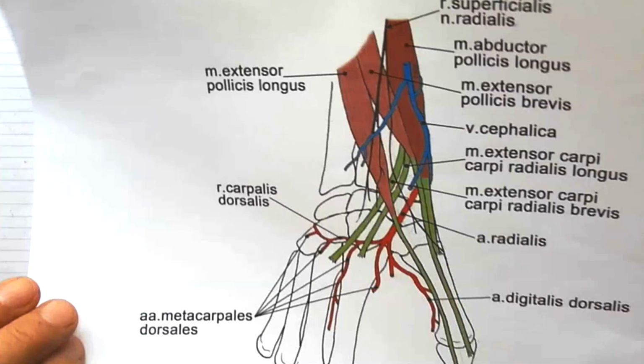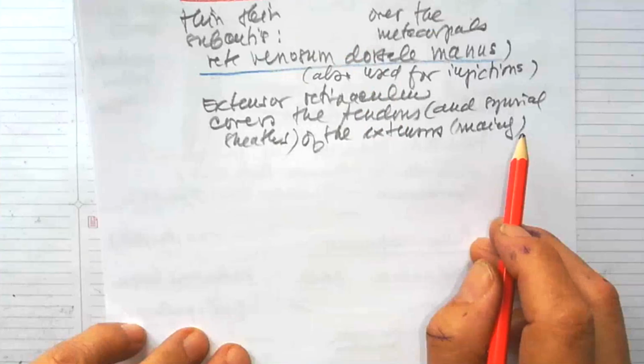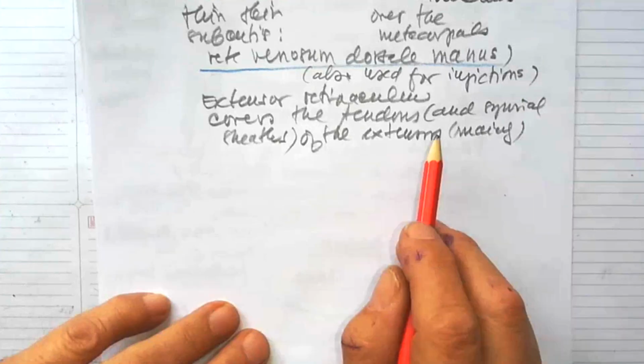They are not only extensors, but in general there's also abductor, etc. If I just write extensors and someone says you forgot, it's not correct. Extensors with separate sheath.